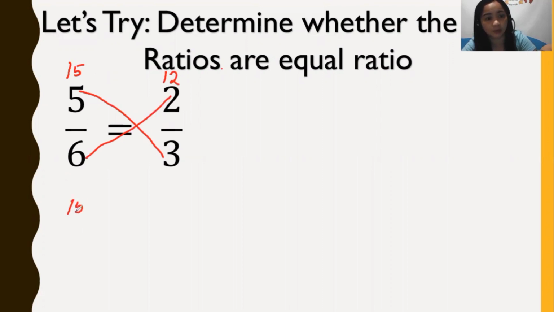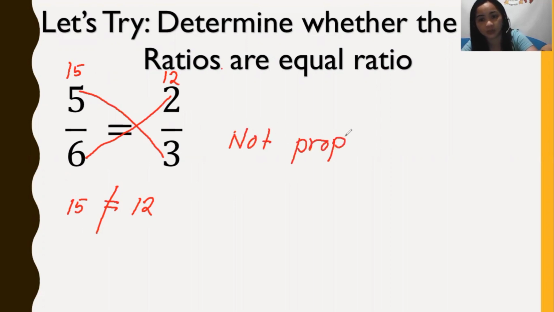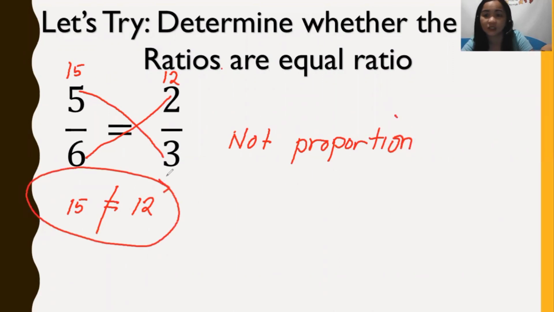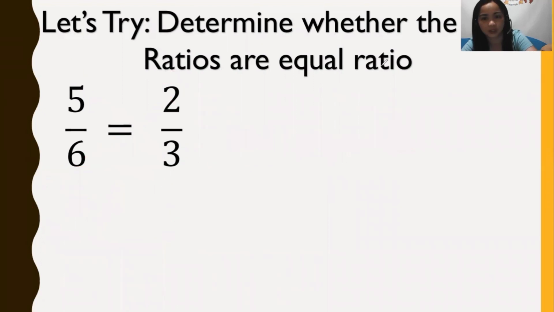So we have here 15 and 12. Are they equal? No, they are not equal. Therefore, this given is not a proportion. Why are they not a proportion? Because their cross products are not the same or not equal. Now, let's proceed to the next example.